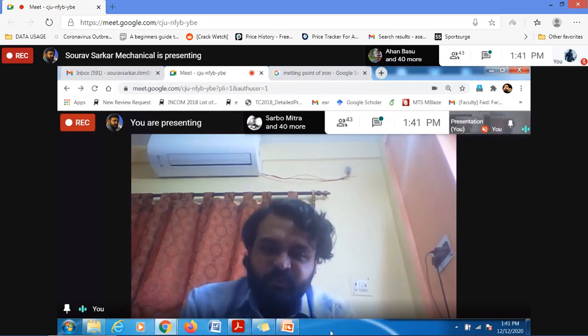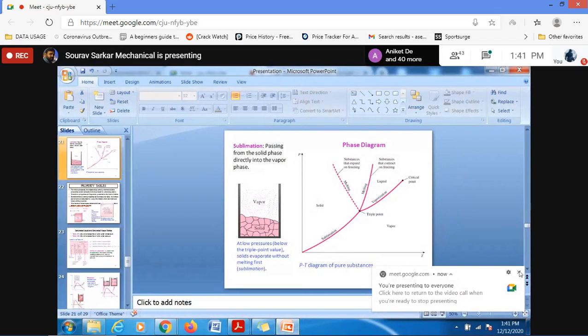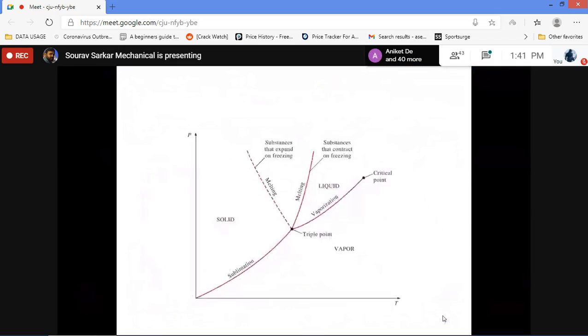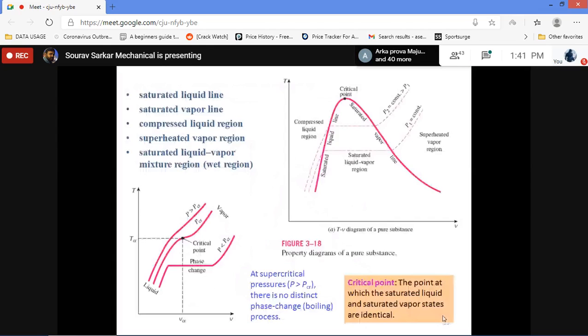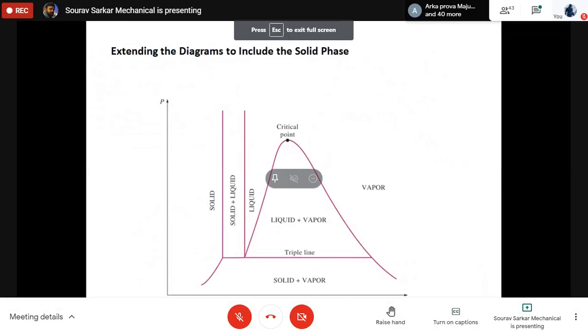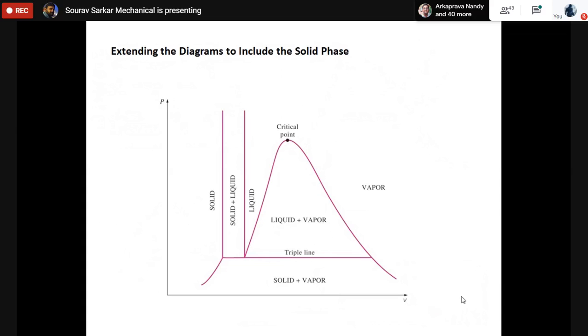If I try to summarize the things I have discussed today: in the previous class I discussed the vaporization process. Today I extended this diagram for the solid phase. For the solid, I considered a metal piece.